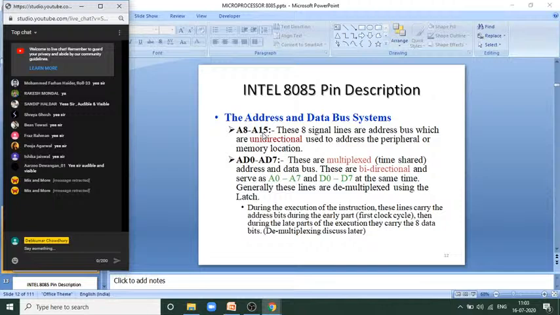They are unidirectional in nature and responsible for transmitting the higher order address. For example, if 9050 is an address, then the lower order address bus will transmit 50, and the higher order address bus A8 to A15 shall transmit the address 90.